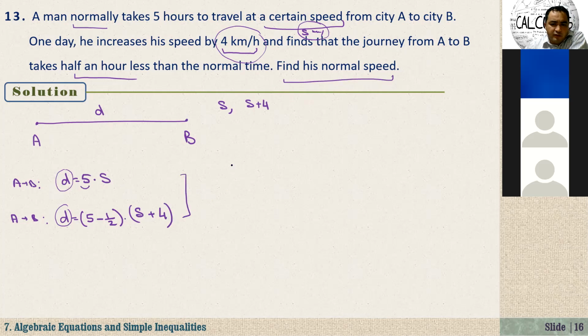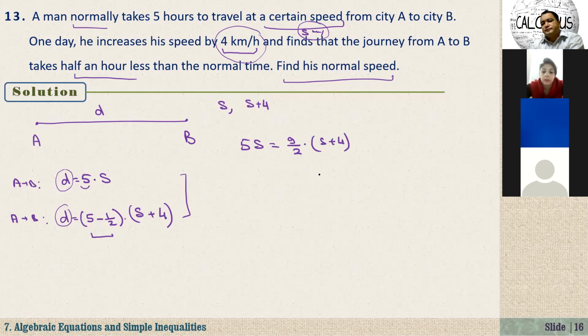So now if you just equate them, we get this equation, 5s on the right hand side. What is 5 minus half? That's equal to 9 over 2 times, here we have s plus 4. Now first, here we have a fraction. So let's multiply both sides by 2. 2 times 5, here we have 10s. 2 times 9 over 2, that is 9. And here we have s plus 4.